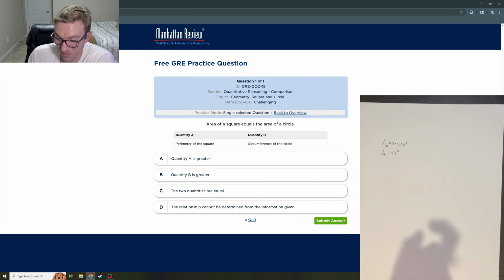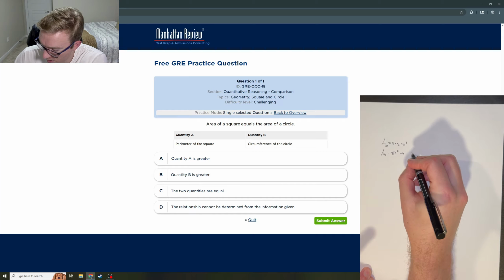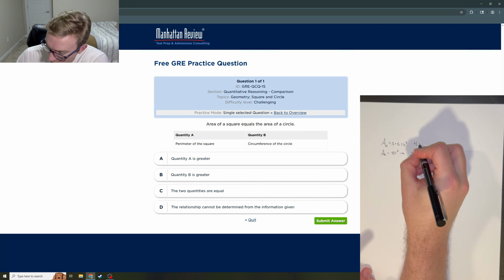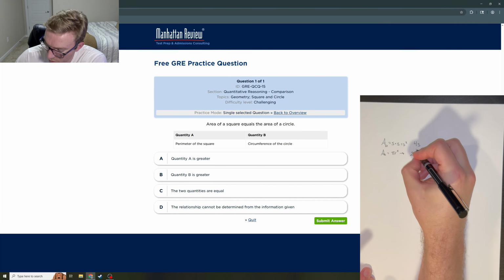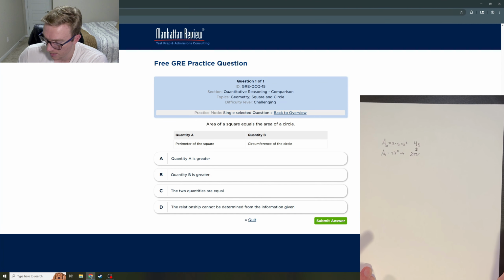So if these two things are equal to each other, the circumference of a circle is 2 pi r. So basically we are given 2 pi r. We're comparing that to the perimeter of a square, which is 4s. And I'm trying to back out what the relationship is between those.